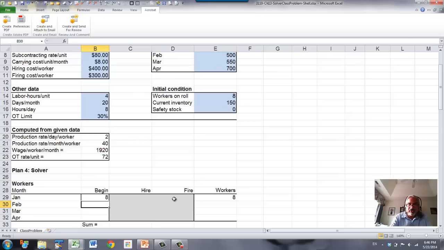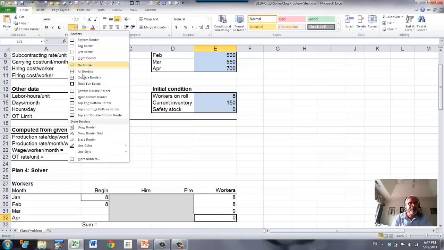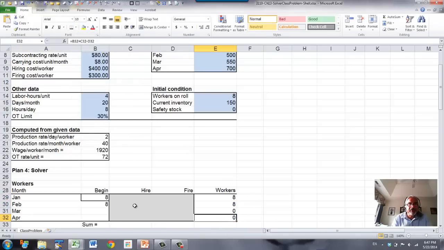Now again, we start February with the number of workers we had in January, and then we repeat the same formula, so we can just copy that down, and we'll have to put the border back. So when we copy the final cell, the border goes away. So now we can copy the February beginning to the rest of them.